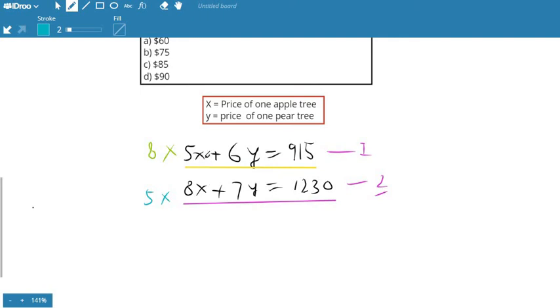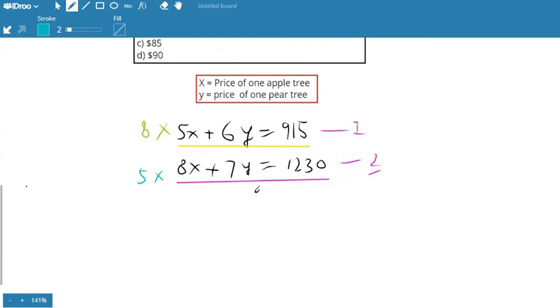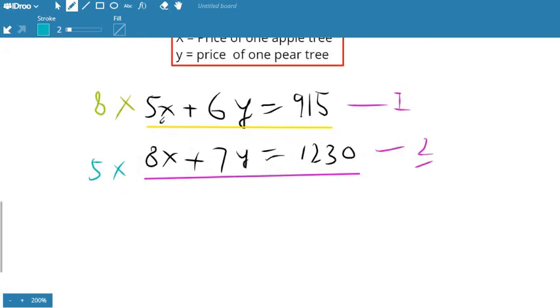I want to get rid of one unknown variable. In that way I will have just y or just x, and I will be able to find the value of that variable, and then I will substitute that value back into any of these equations and I will get the other variable. So I am trying it by excluding this x.